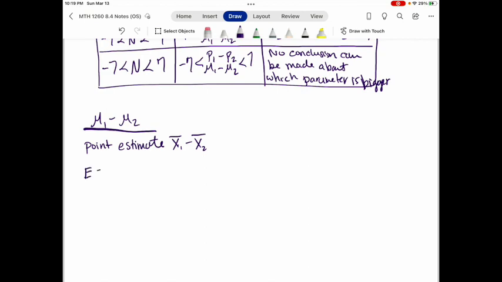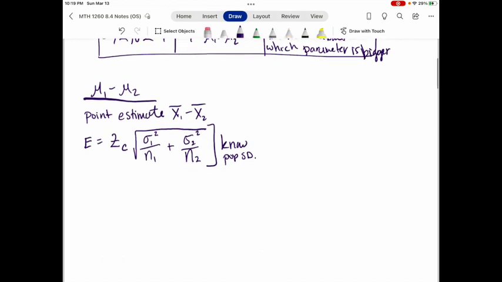Then our error is going to be calculated by finding our z critical times the square root of the first population standard deviation squared divided by the first sample size, plus the second population standard deviation squared divided by the second sample size. This is the case when we know our population standard deviation.